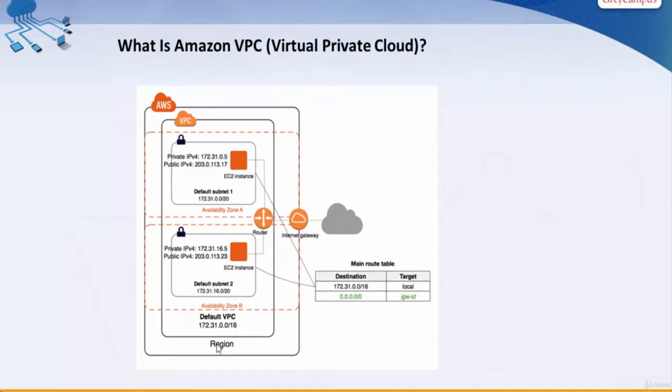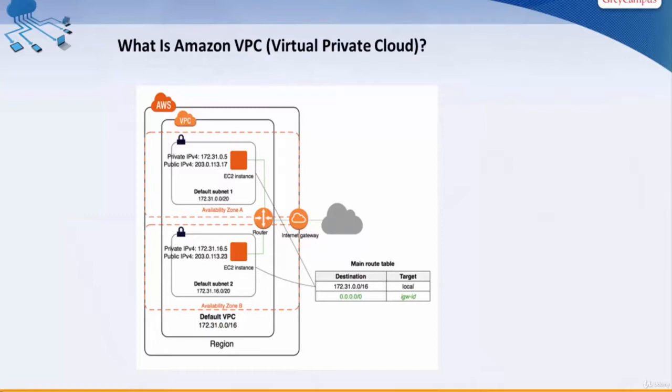Assume that this can launch 4,000 computers. I can section them into 2,000 computers here and 2,000 computers here. That's called a subnet. So what's a subnet again? A subnet is a range of IP addresses in your VPC, and we can launch AWS resources into a specific subnet.